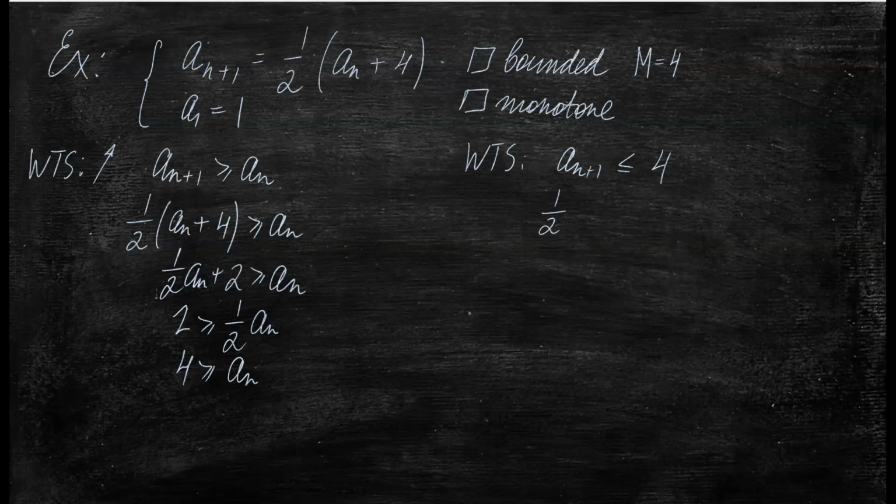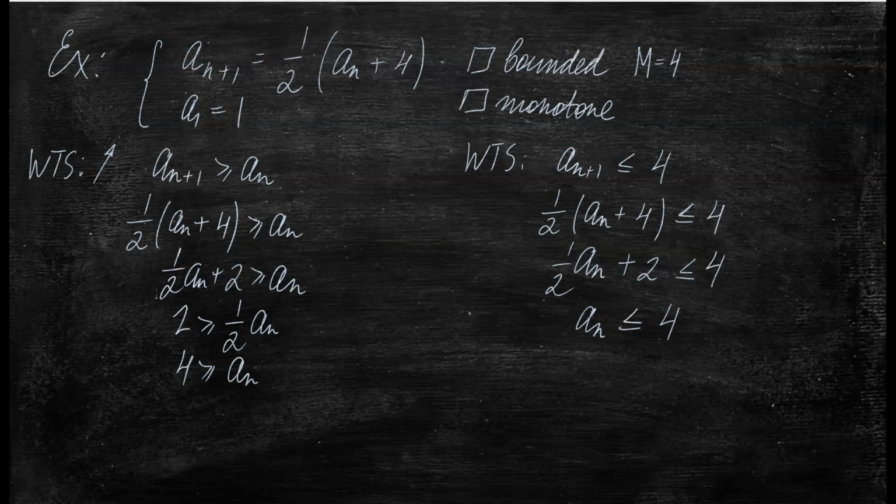And we want to show that is the case when we replace the n+1th term with this formula. Let's distribute 1/2. Let's subtract 2 from both sides, and let's multiply everything by 2.